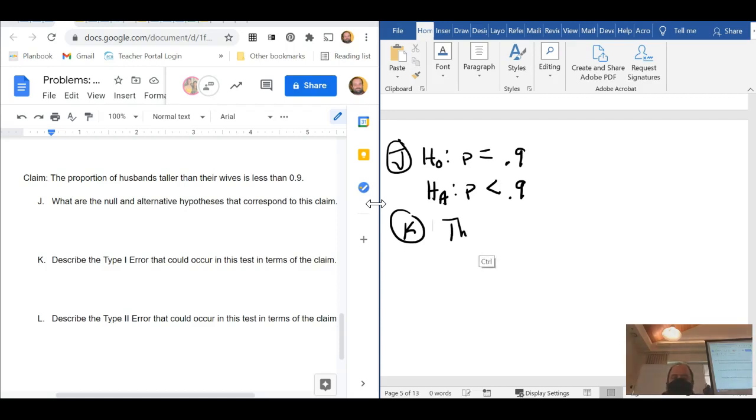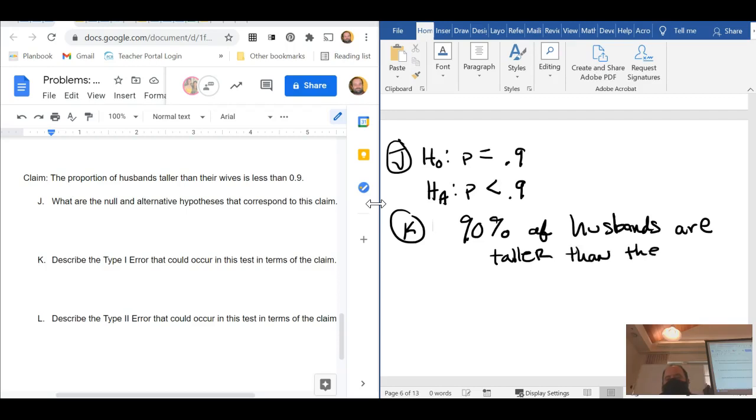So if H null is true, how can I write this in a clever way? I could say that 90% of husbands are taller than their wives, and the test says they're not.